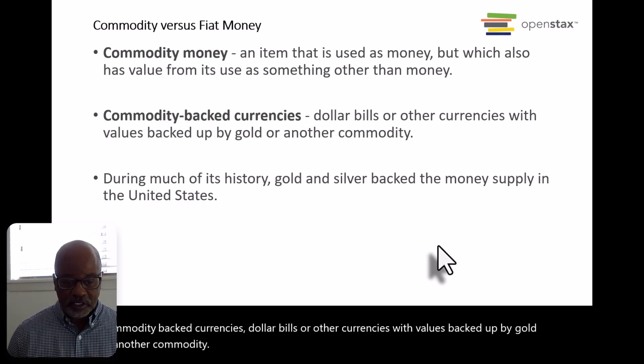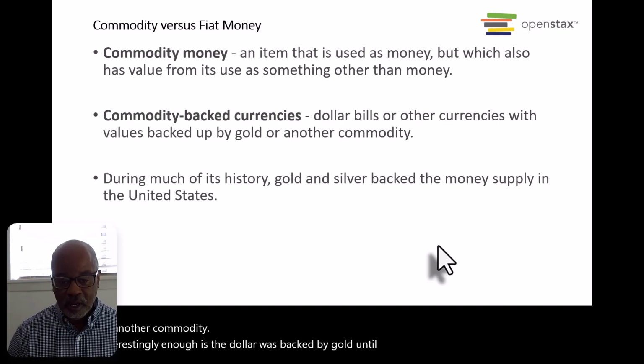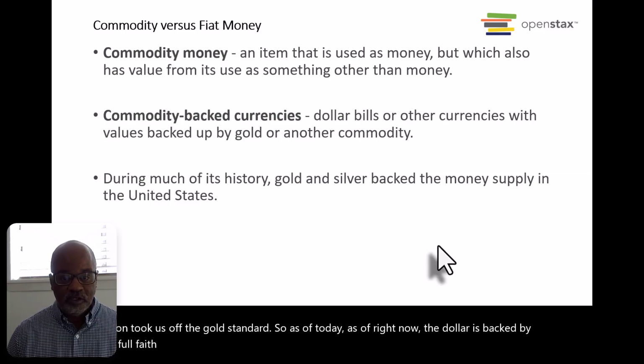Interestingly enough, the dollar was backed by gold until the 1970s, when President Nixon took us off the gold standard. So as of right now, the dollar is backed by the full faith and credit of the US. There's no commodity backing the dollar today.